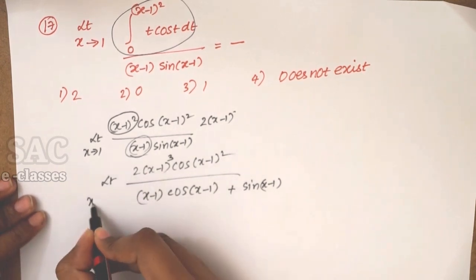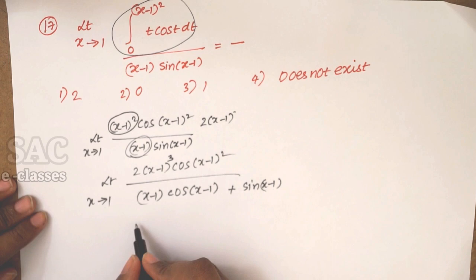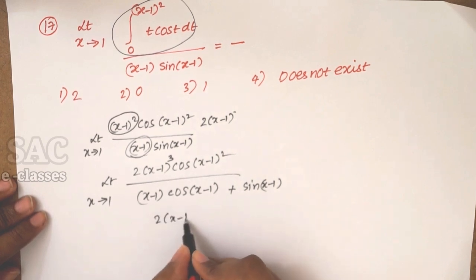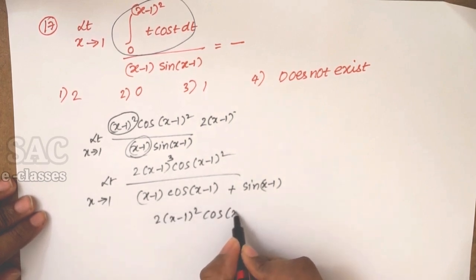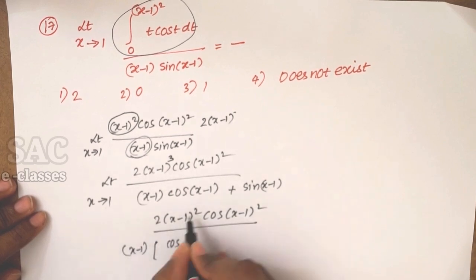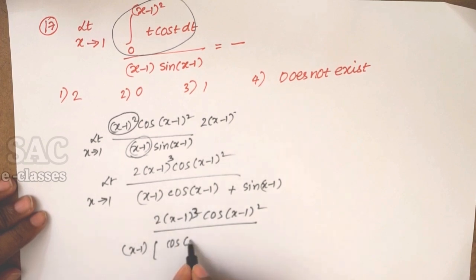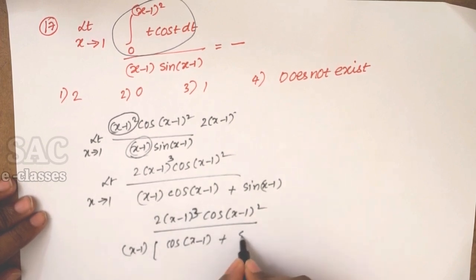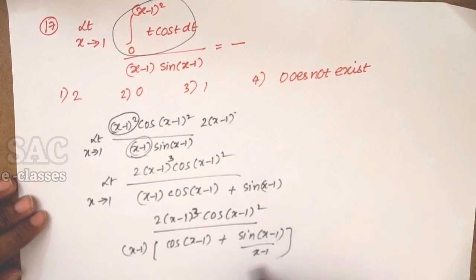Now limit x tends to 1. Take out x minus 1 as common. 2 into (x minus 1) whole square into cos of (x minus 1) whole square by, after taking out x minus 1 as common from the denominator, you may get cos of (x minus 1) plus sin of (x minus 1) by (x minus 1).